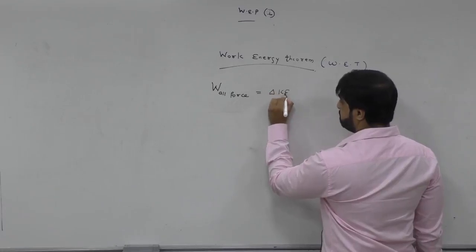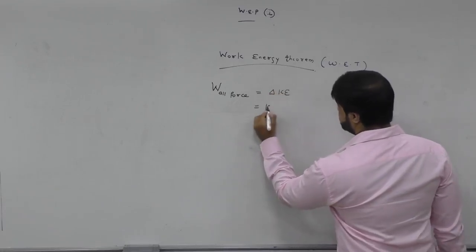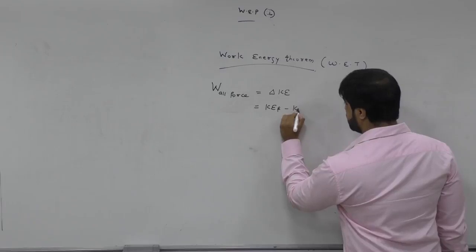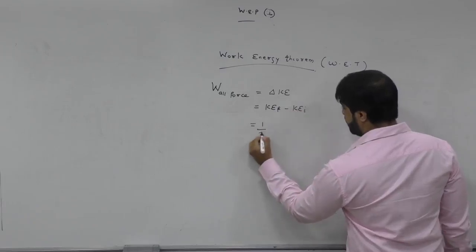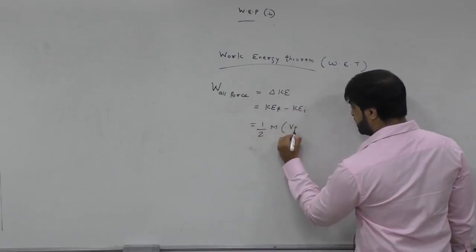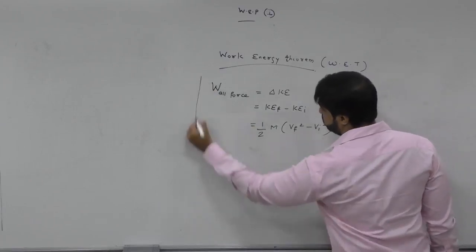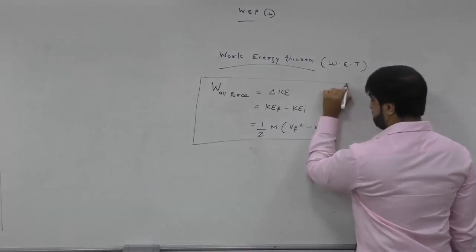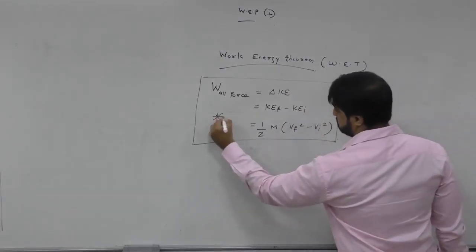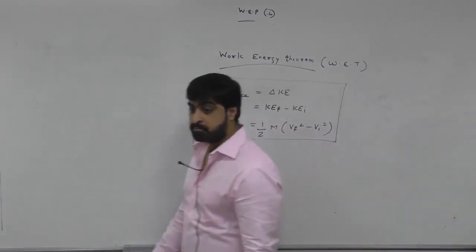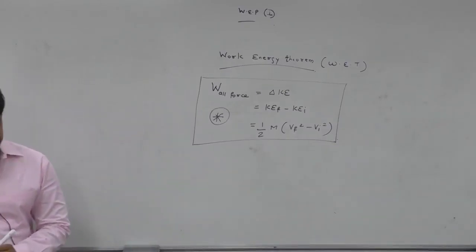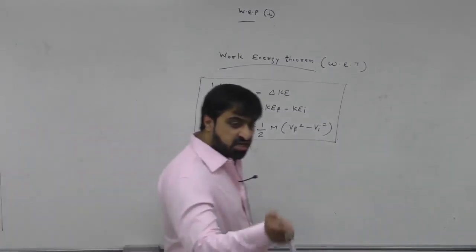Change in kinetic energy will be kinetic energy final minus kinetic energy initial, that is half m v final square minus v initial square. This will be the work done by all forces. This is a very important formula. Work done by all forces is the change in kinetic energy, final minus initial.